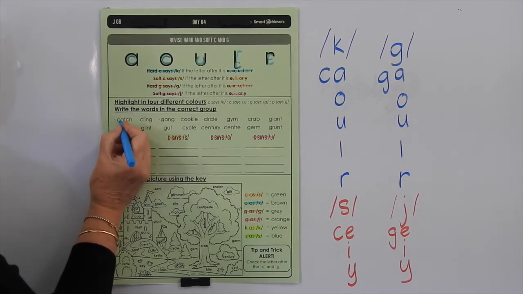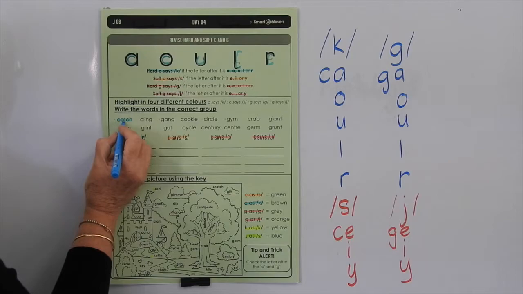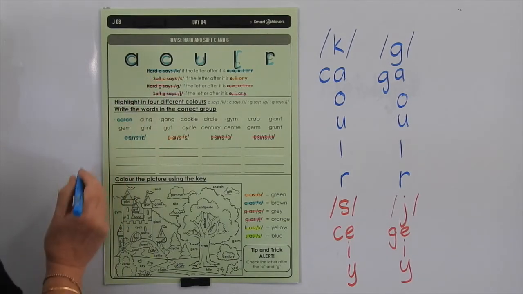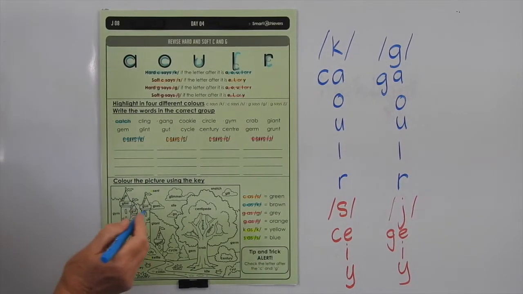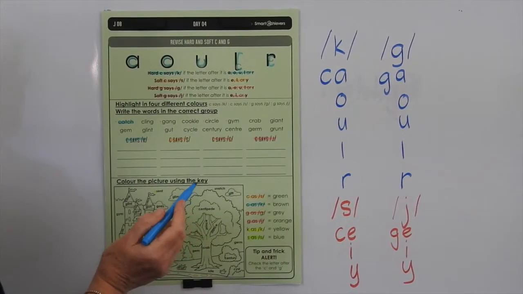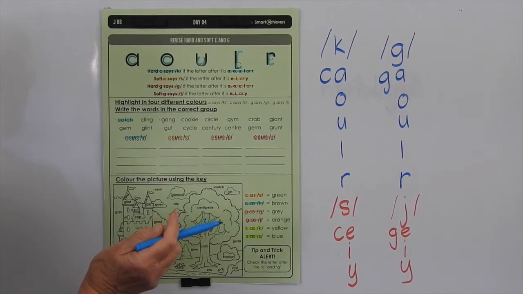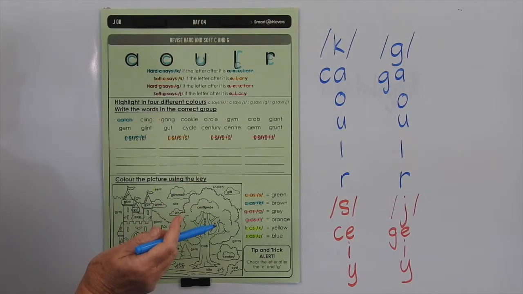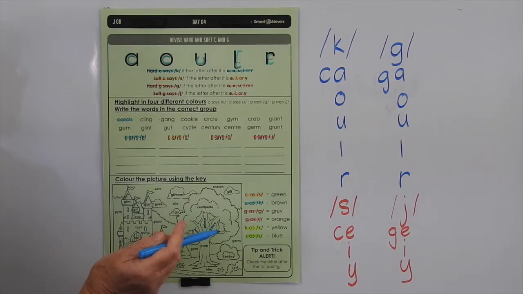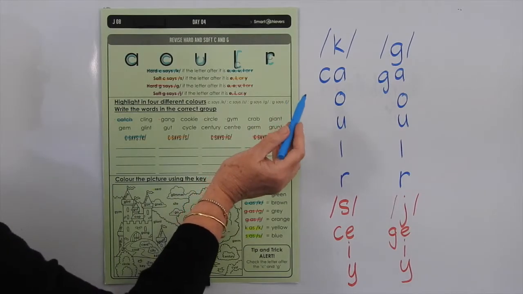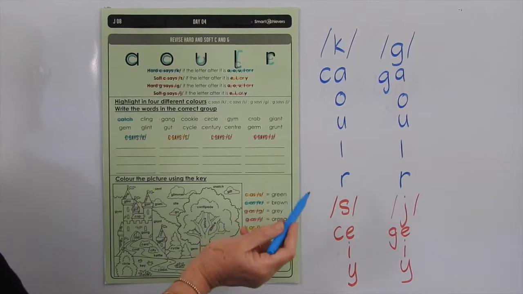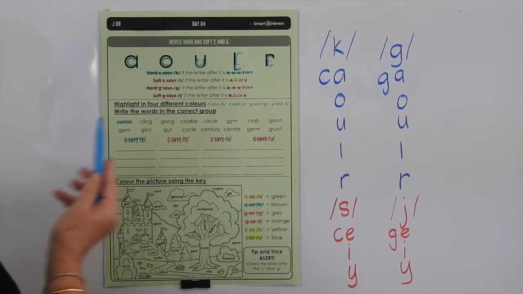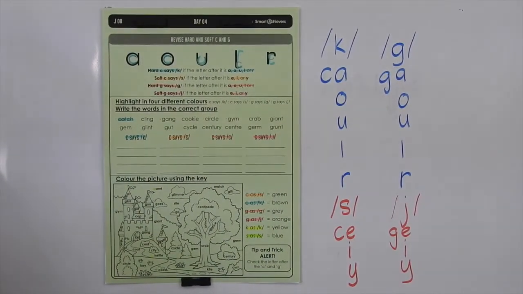And look, there's one there, and the C is followed by an A. So it's the letter that comes after a C or a G that tells us whether it's making its hard or its soft sound when we're reading it. But when we're writing it, you've got to know that if the C or the G is followed by an A, O, U, L, R or an E, I, Y, which one you're using, a C or a G, for that sound.